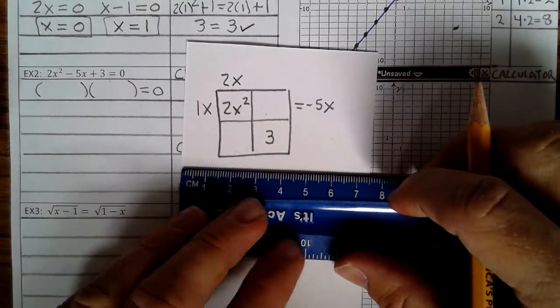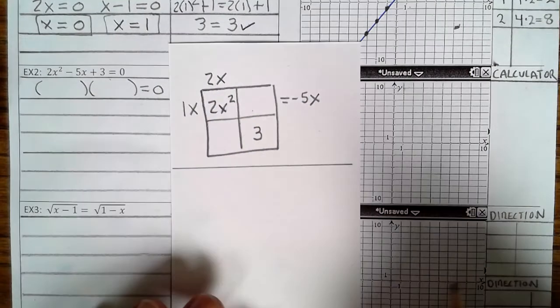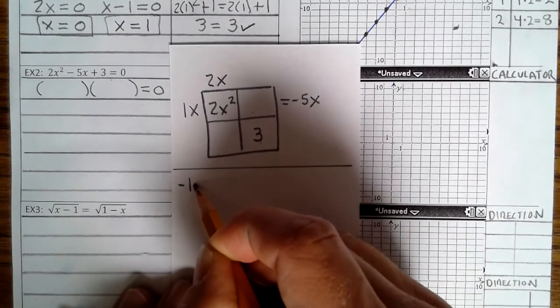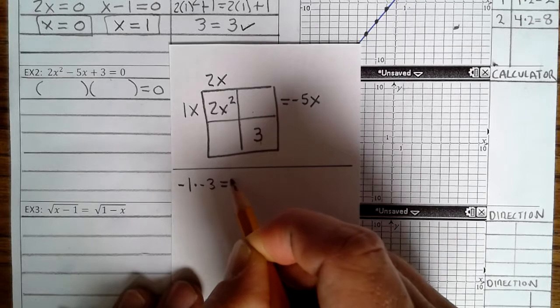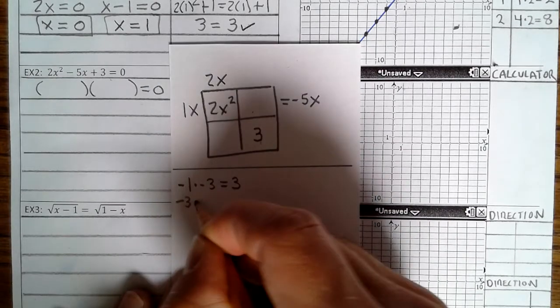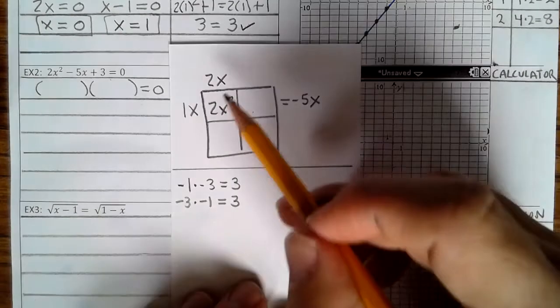Now we need to find all the combinations that multiply to positive 3 and combine to be negative 5. So we know that negative 1 times negative 3 is positive 3, and negative 3 times negative 1 is positive 3. Remember that you're multiplying the first term times 2 and the second term times 1 to get negative 5.